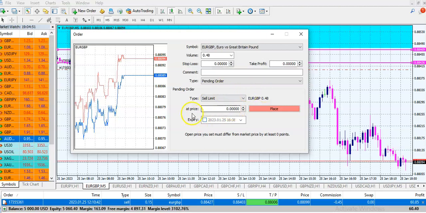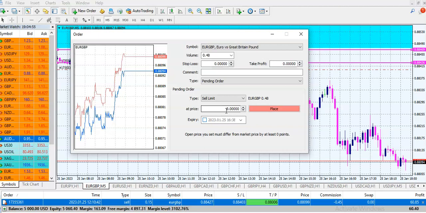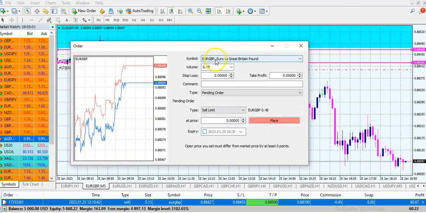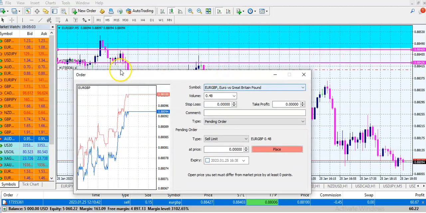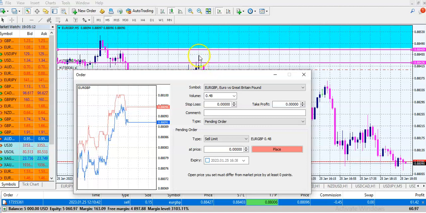It's now asking, at what price do you want this trade to be picked up for you? And certainly it's going to be at 0.88426. That is our proxima, this particular proxima line. So indeed price came back into that particular place and picked up our order.